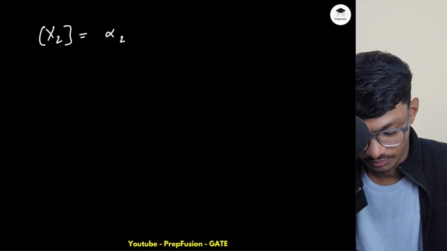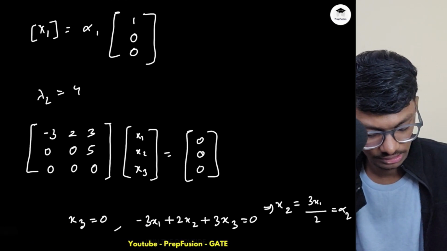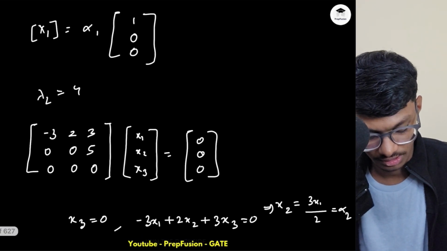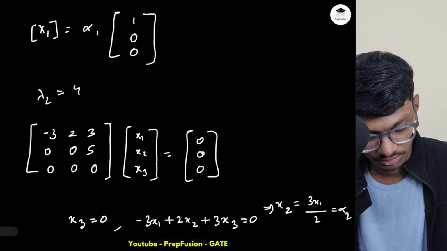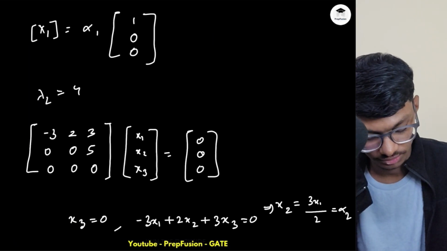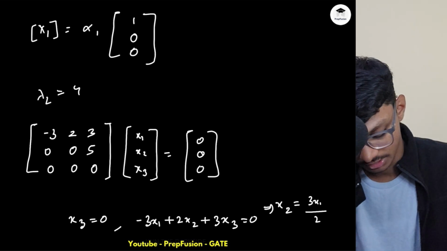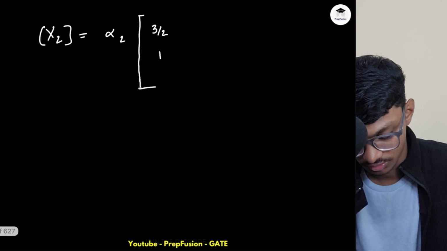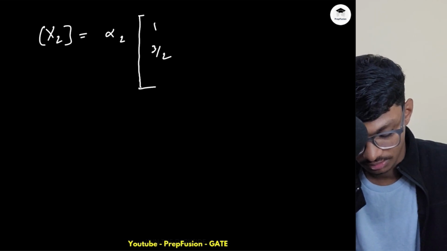If I take common alpha 2, this will be 3 by 2, and this will be obviously 1. Sorry, I'm taking x1 as alpha 2, so this will be 1 only, and this will be 3 by 2, and this will be 0.